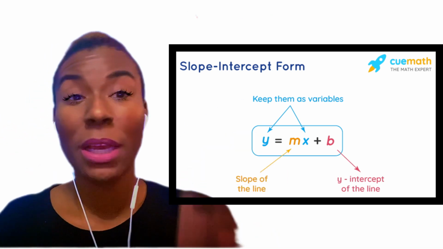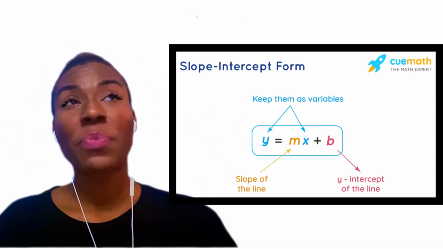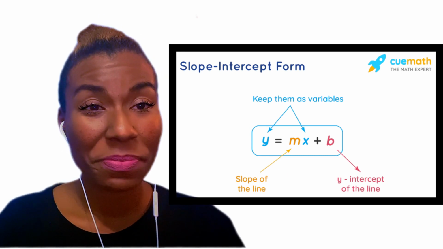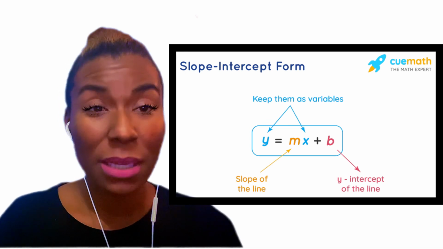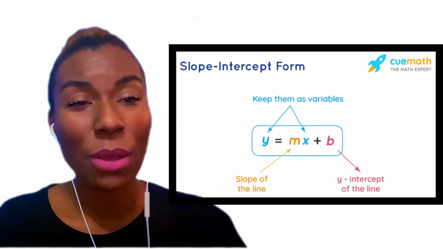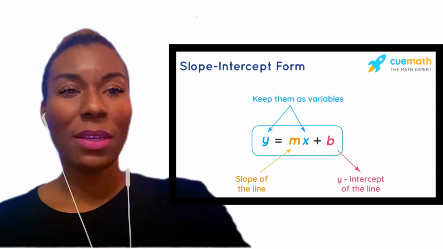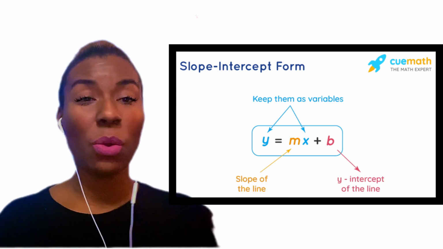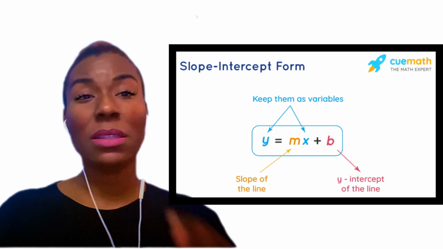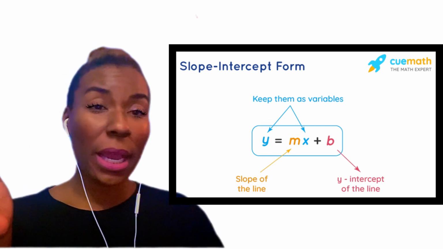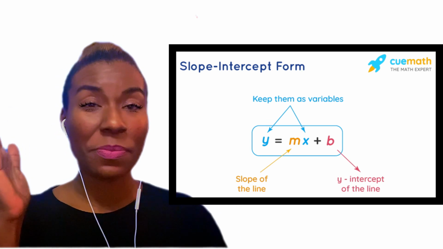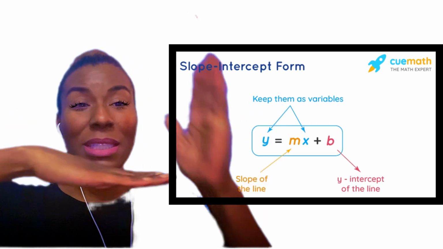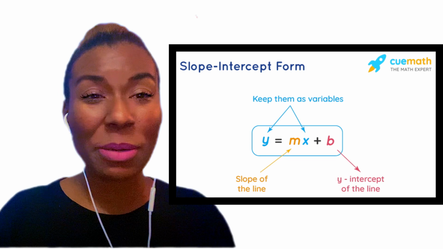Will it go straight? That's what m is. x, which is another variable, plus b. Hold on, let me make sure I tell you the right thing. b is the intersection of the line with the y-axis. y is an axis, x is an axis. y goes like this, x goes like this. You understand what I'm saying?